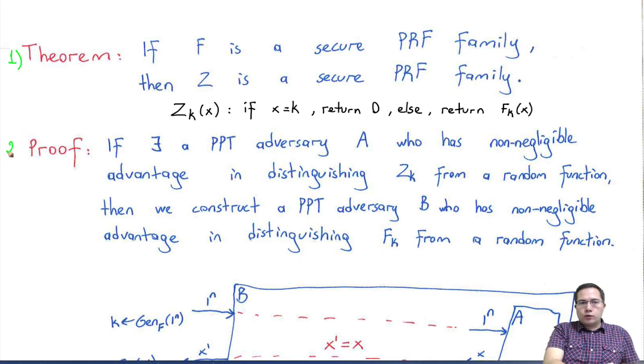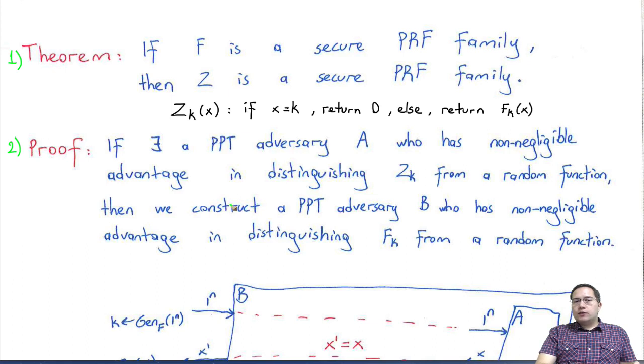Number 2 is writing down the proof methodology strategy. Essentially, this is writing down the contrapositive. So if there exists a probabilistic polynomial time adversary A who has non-negligible advantage in distinguishing Z_k from a random function, essentially, A is breaking Z.